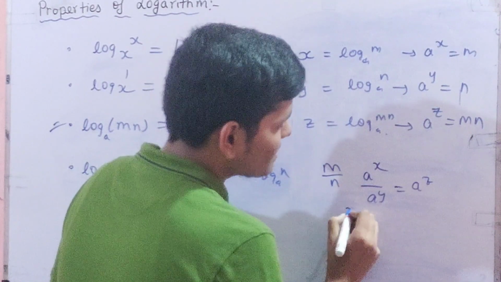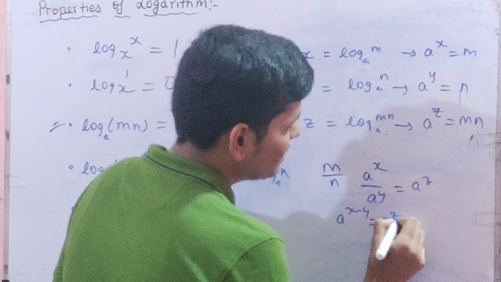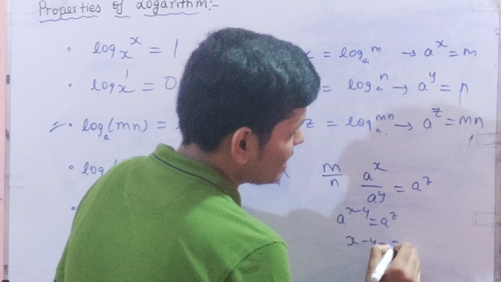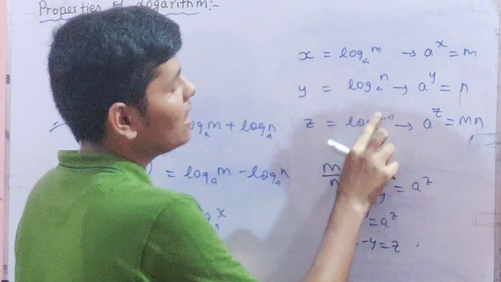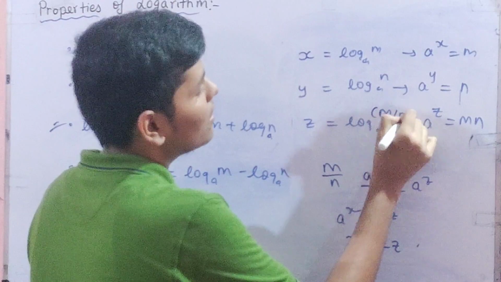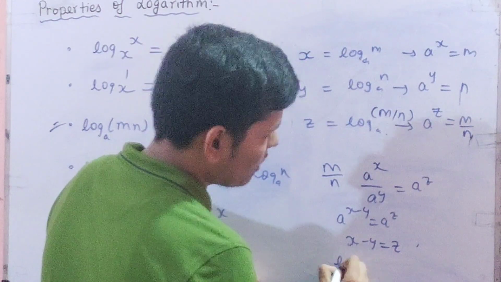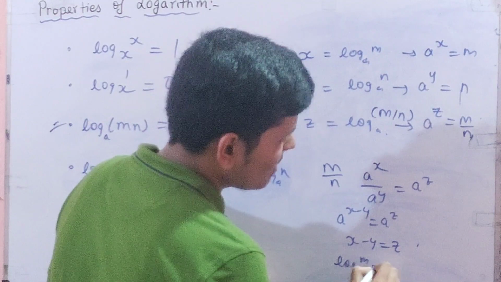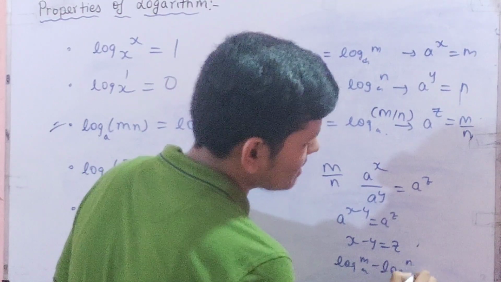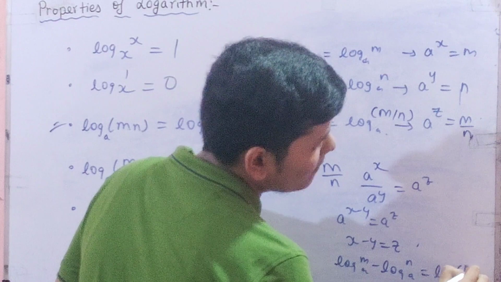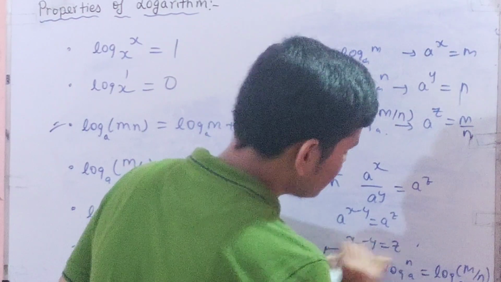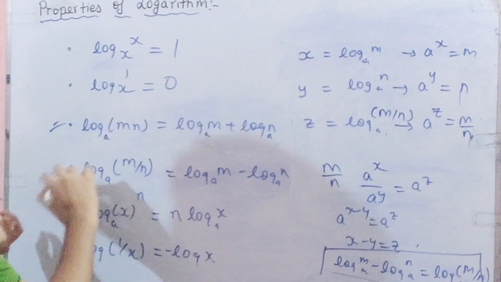So a power x minus y is equal to a power z. x minus y is equal to z, and here z is actually log m by n. So log of m to the base a minus log of n to the base a is equal to log of m by n to the base a. This is the derivation of the division formula.